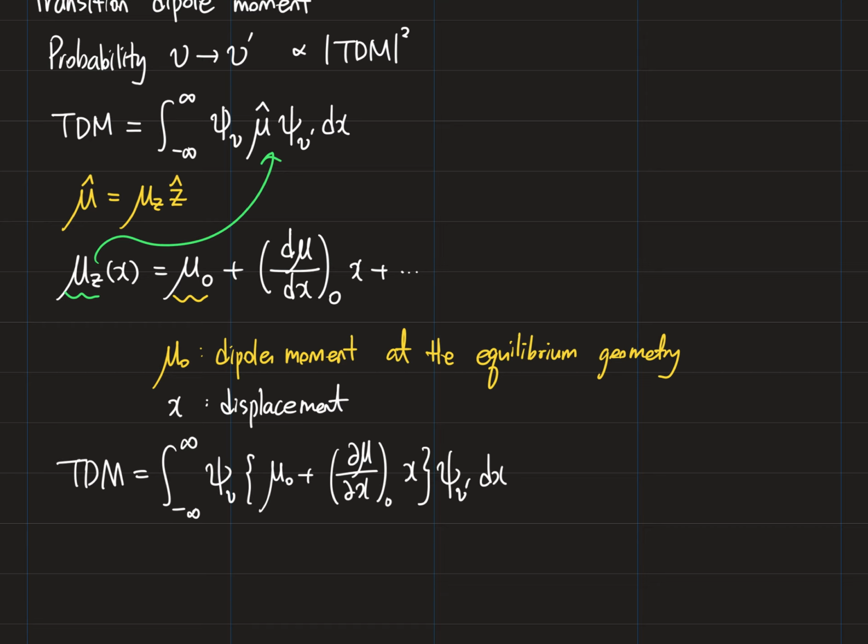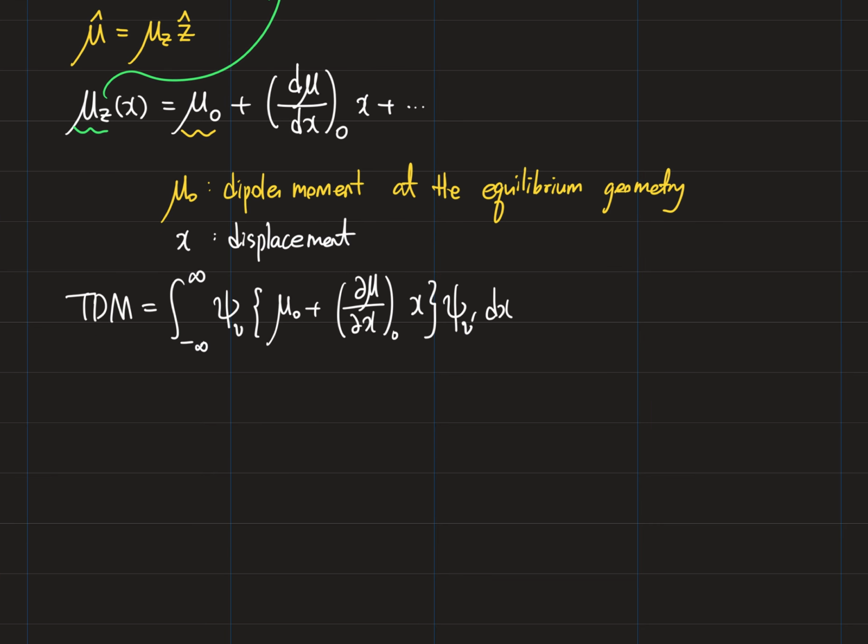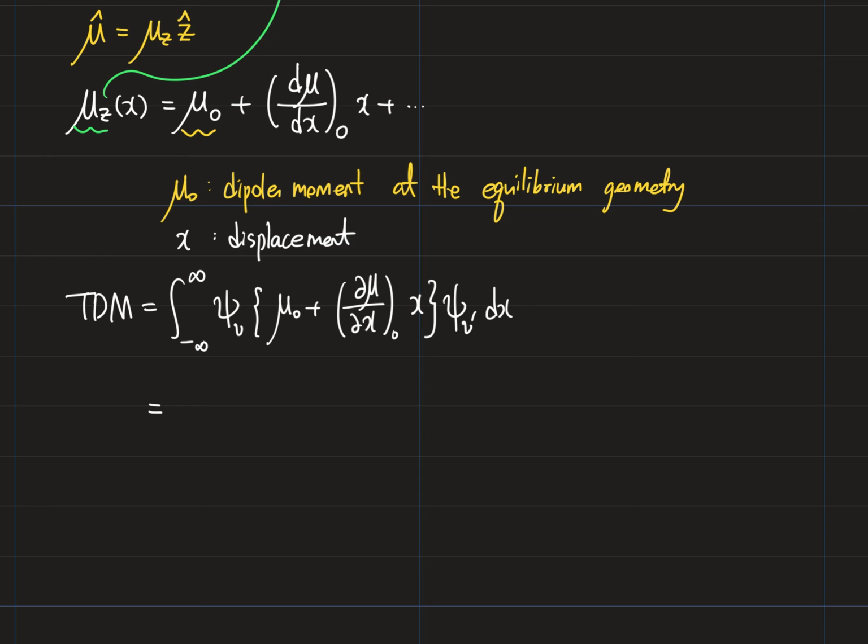So the transition dipole moment is simply the sum of two components: the first term and the second term.